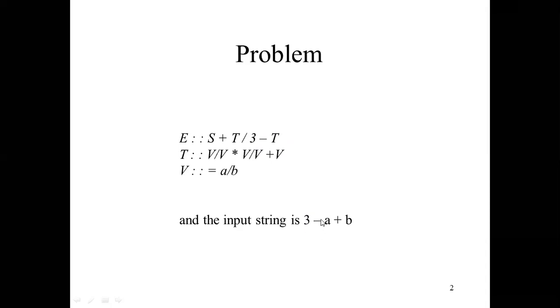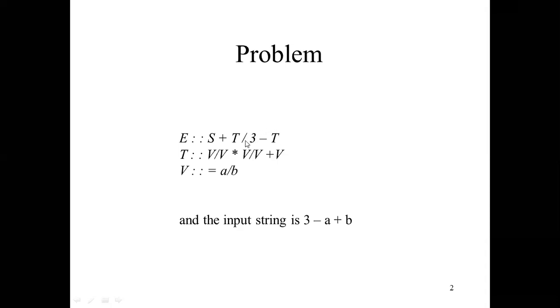Okay, so as per the input string we will proceed. Okay, so 3 minus A, we can obtain from this side, 3 minus T. So first we will start from E, and then we can choose this option.